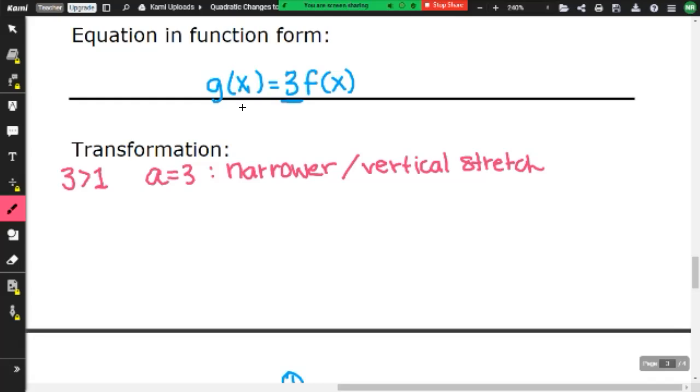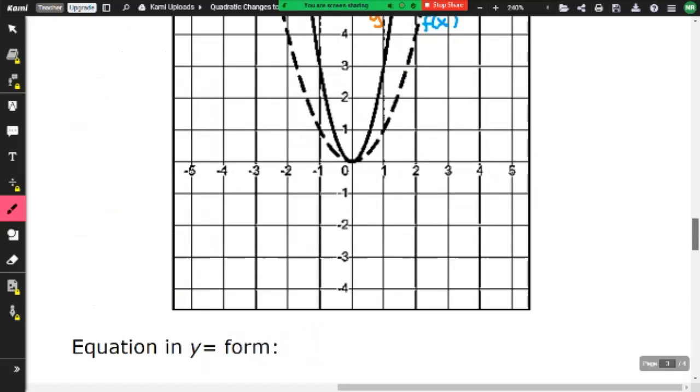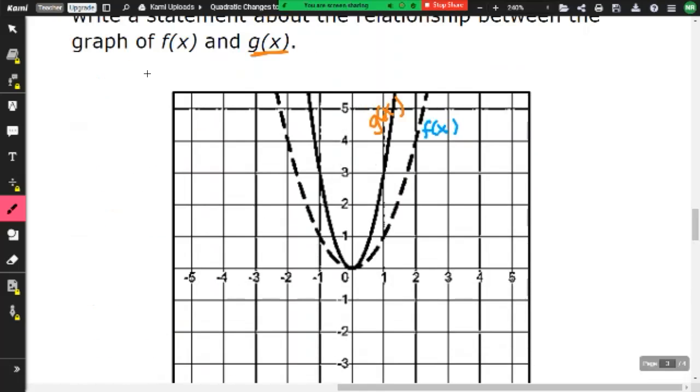Questions? Basically, you're always going from dotted to solid. This one moved in. It didn't shift, but it did move in. So that means it got skinnier.